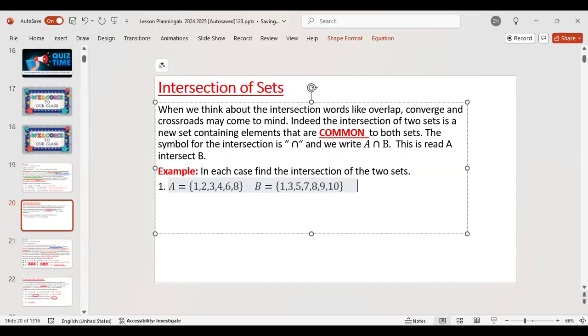Our goal here is to find the intersection, not the union, of the two sets. What is the intersection of two sets? So here we want to find the intersection of two sets.